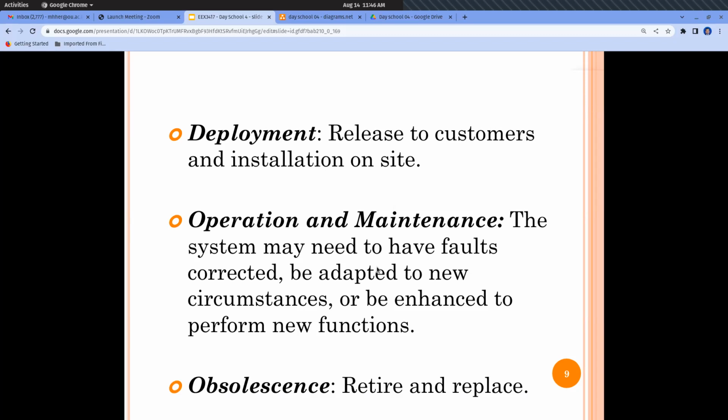Obsolescence: every system is aging. Aging means after some time it may not be enough, or it does not work. So it is obsolescence. Normally software does not break, it becomes obsolete.